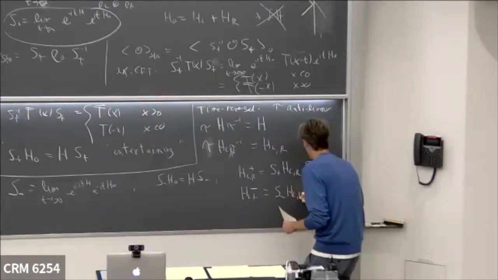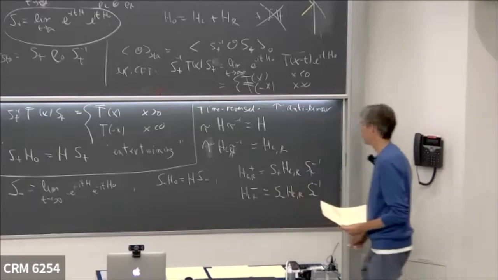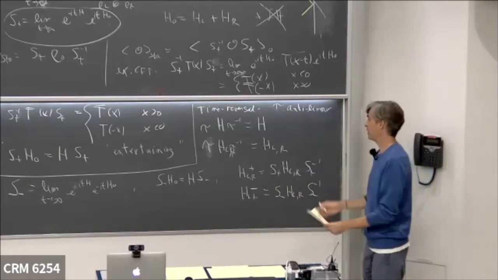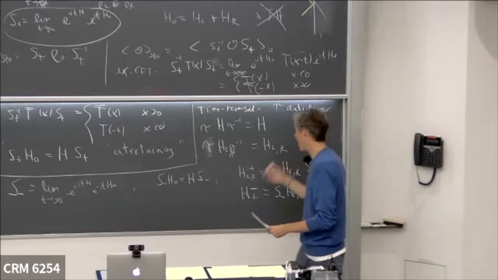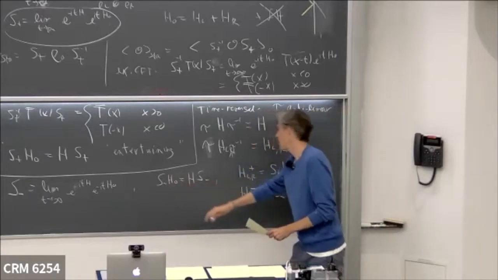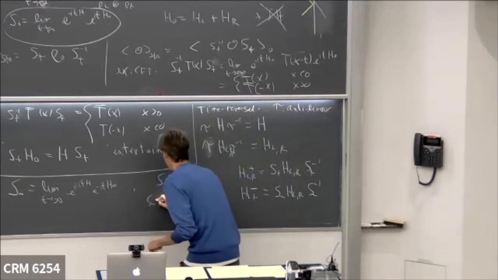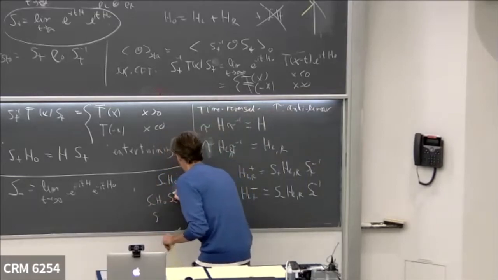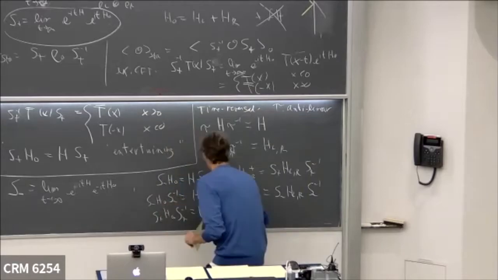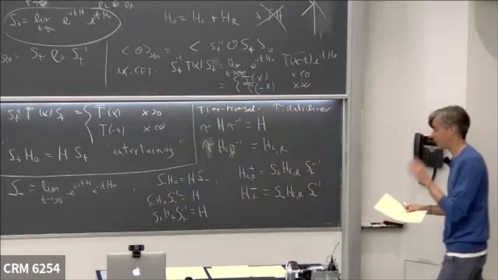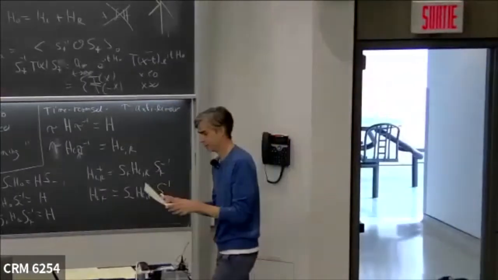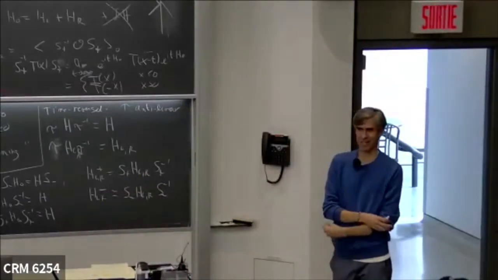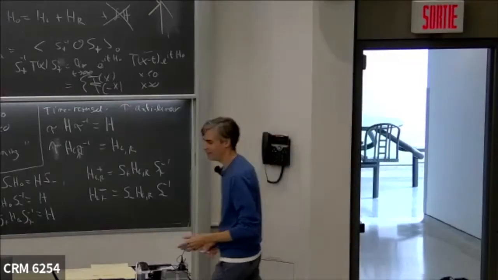The left and right Hamiltonian, if I apply the scattering matrix S plus or S minus, they are different. If I apply it on the full H0 Hamiltonian, then I get the same. So S minus H0 is S minus H, and the same for S plus. So it's different for the left and right, but it's the same for H0 itself. Okay, so this is the structure we have: the scattering matrix with the plus and minus and left and right here.